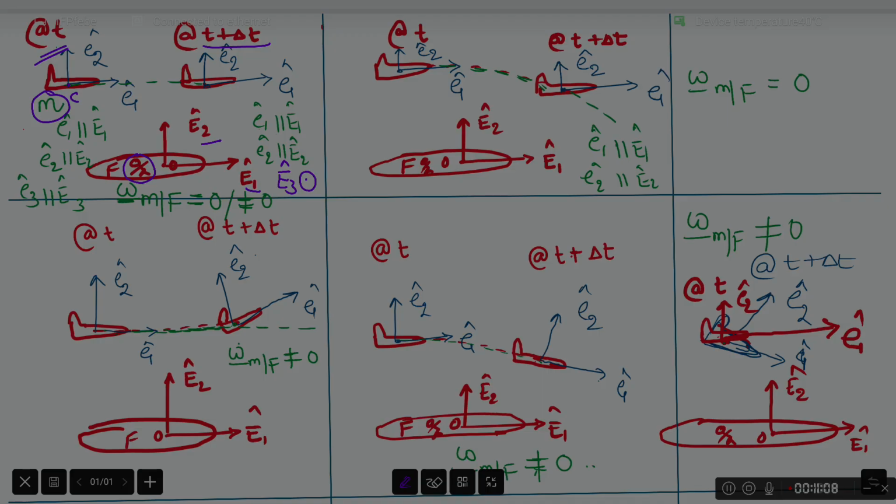They are fixed to M. And again, small e3 unit vector is coming out of the plane of the screen. Again at time t, small e1 and small e2 are perfectly aligned with big E1 and big E2. But at a later time instant, the point C moves in a straight horizontal line, as observed by our man here.